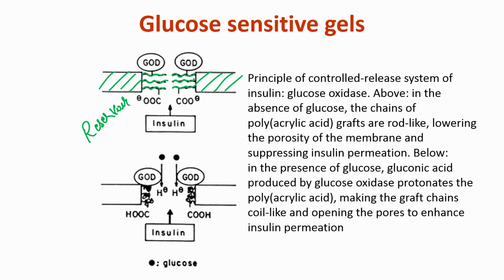and what you have also done is you have put in an enzyme called GOD, which is nothing but a glucose oxidase. And then these polymers are nothing but polyacrylic acid. Now, because they are polyacrylic acid, they contain lots of carboxyl groups. So, if the pH is high, they are going to be ionically charged, and they are soluble.